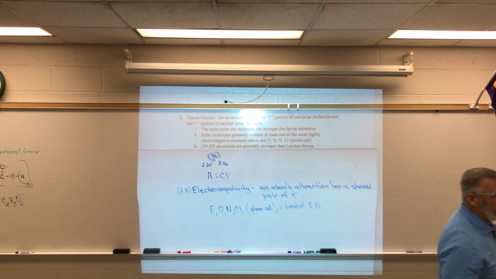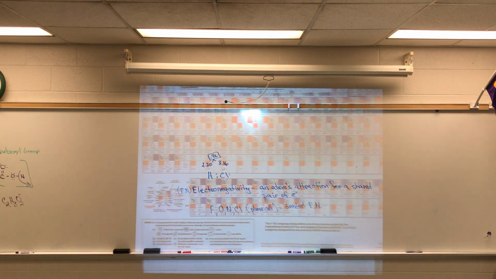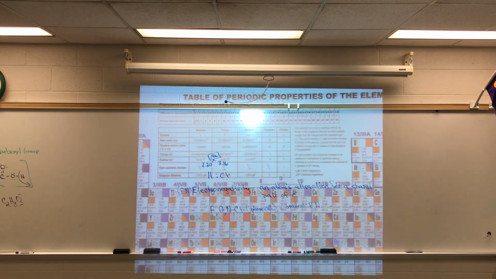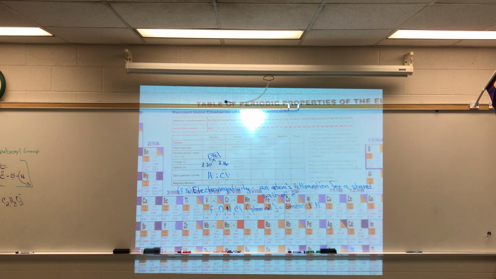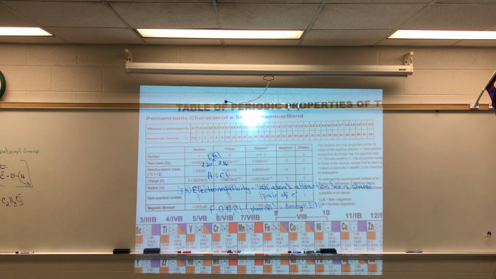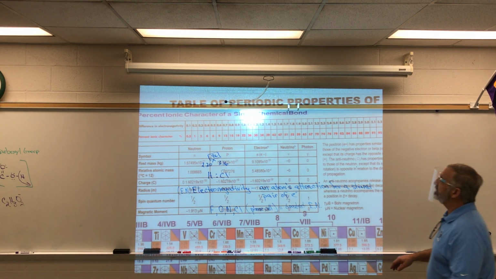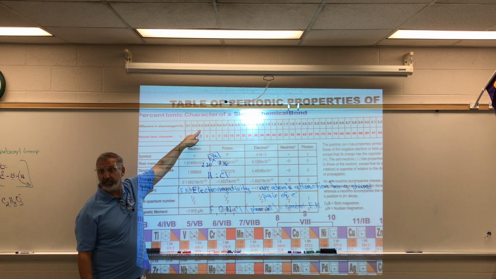Now, where does the 1.7 come from? On the periodic table that I gave you, at the top, this is the difference in electronegativity between the two atoms that are bonding.